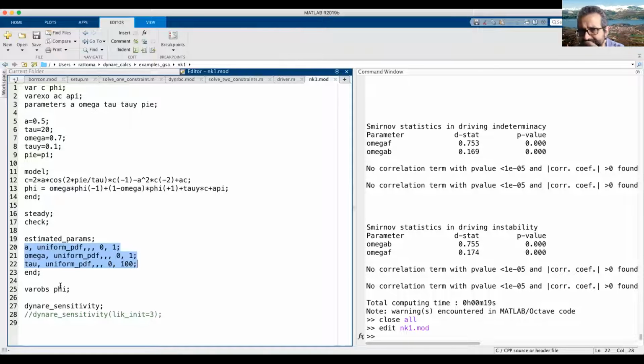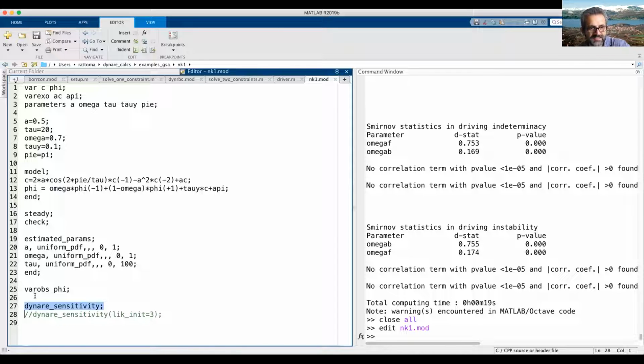I think that Dynare also requests you to declare an observable, although it is not used, because the sensitivity toolbox leverages on top of the estimation structure of the model due to this prior thing.